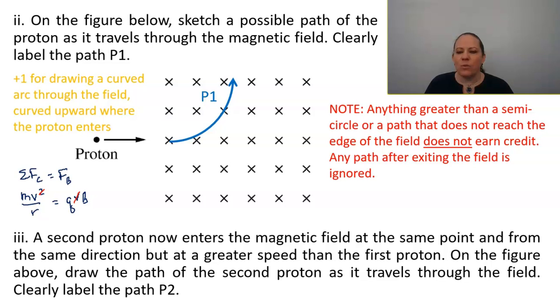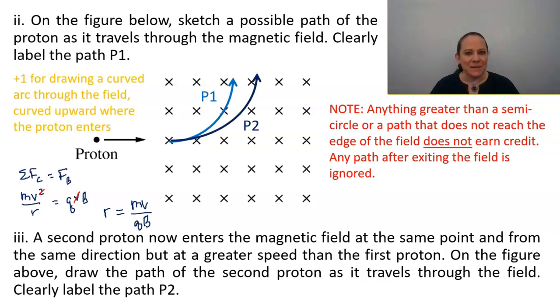And now when I rearrange this for r, I'm going to get m v over q B. So we can see that as the velocity of the particle entering the magnetic field increases, so too does the radius of its path. So our path P2 will look like this.